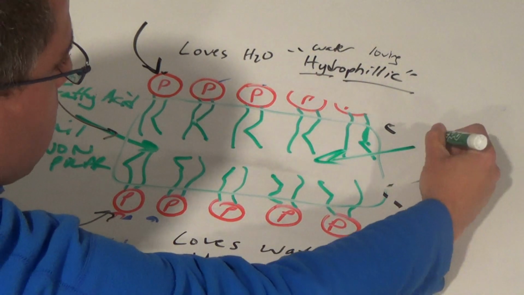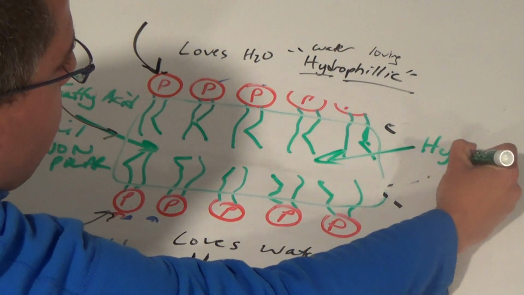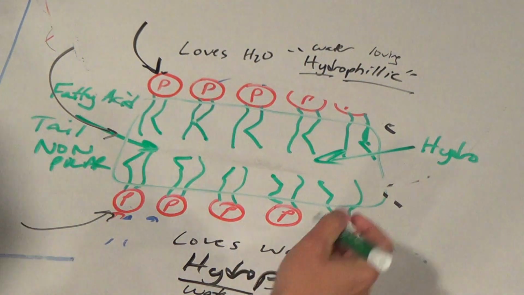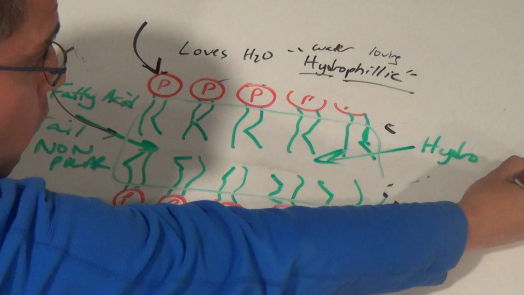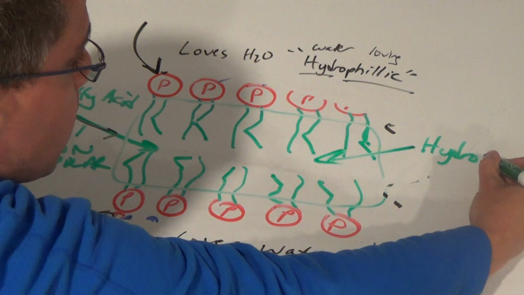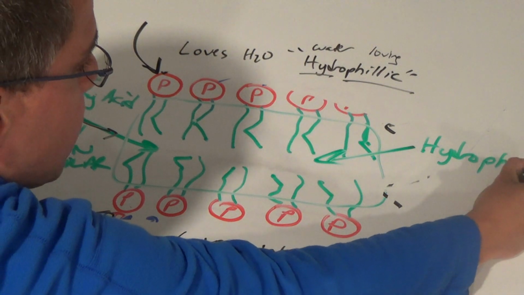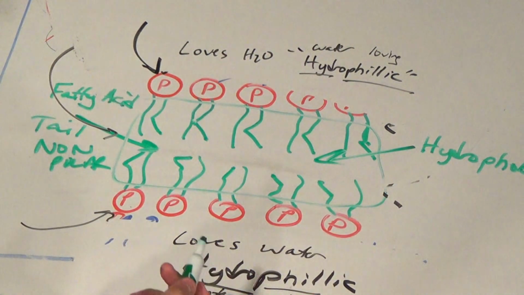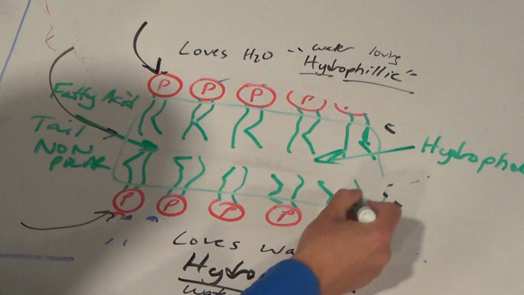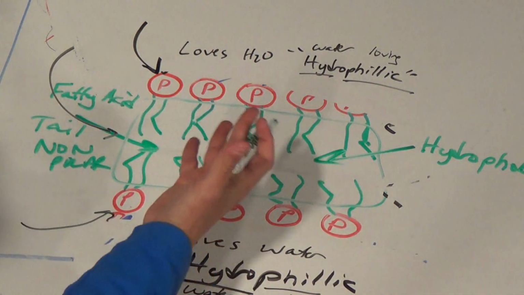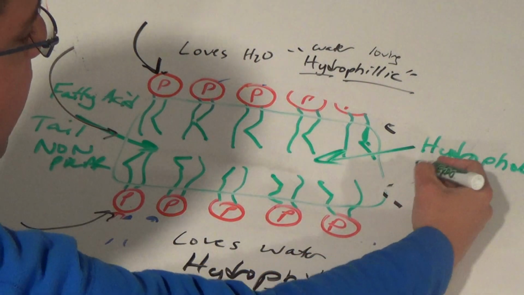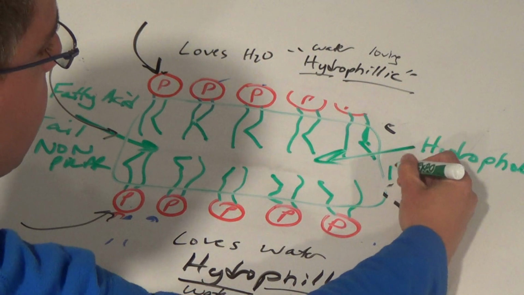Hydro, water, and the second part is phobic, P-H-O-B-I-C. Does anybody have a phobia or fear of something? Well, this non-polar region fears water because it does not like water, because water is polar, so it's water hating. So we call this, once again, hydrophobic.